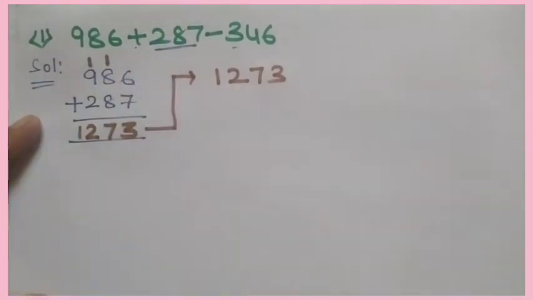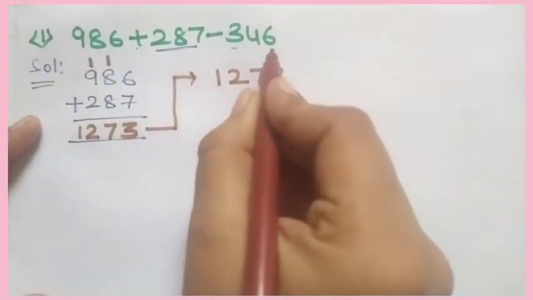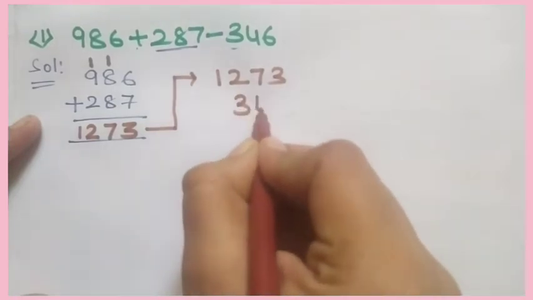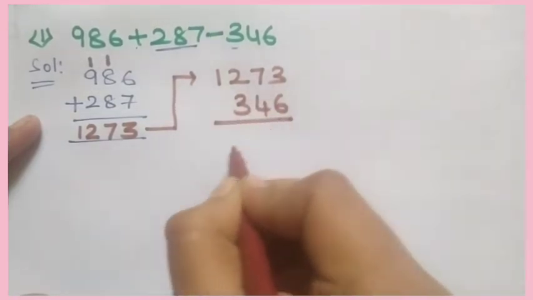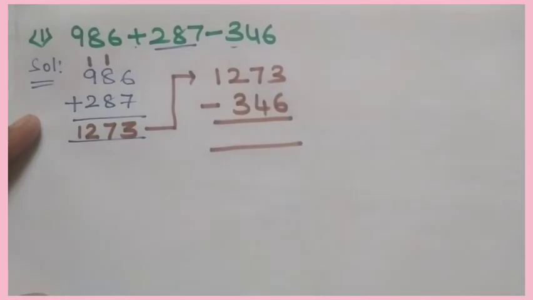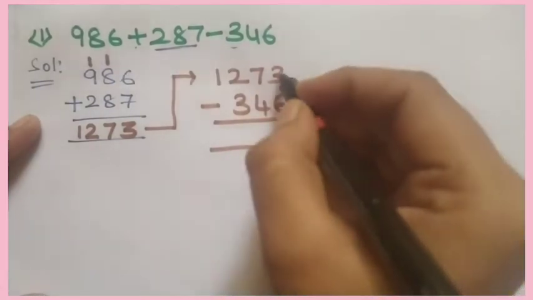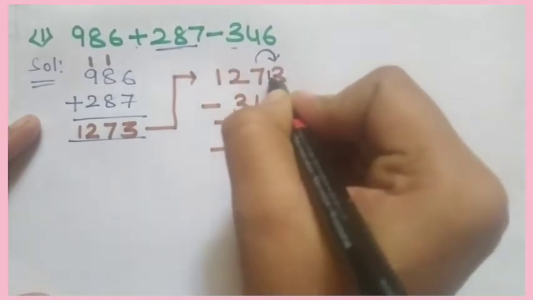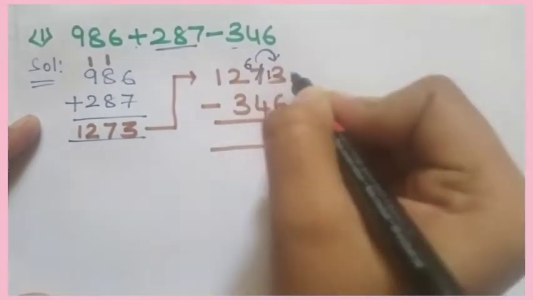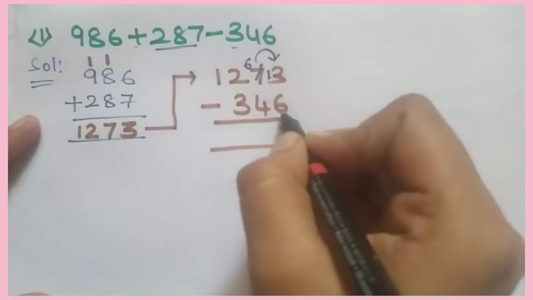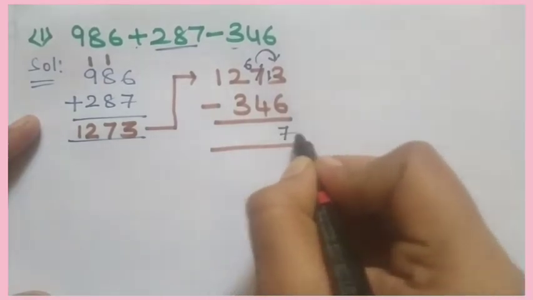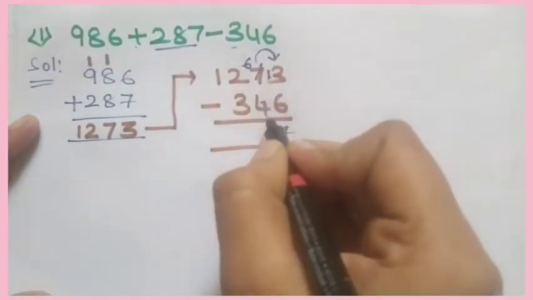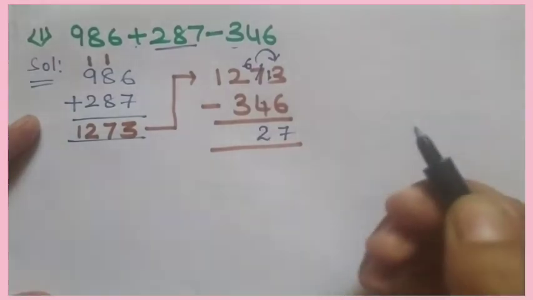Now which number is having minus symbol before it? Yes, 346. Now we'll write here 346 and do subtraction. From 3 we can subtract 6. No. So take borrow. It will be 13. This 7 will become 6. 13 minus 6 is 7. 6 minus 4, 2.